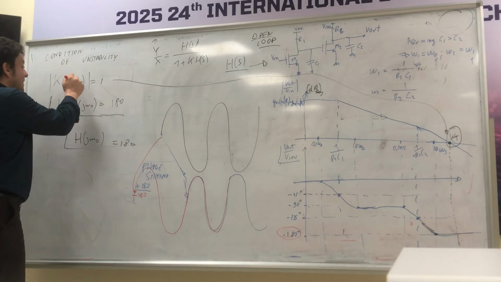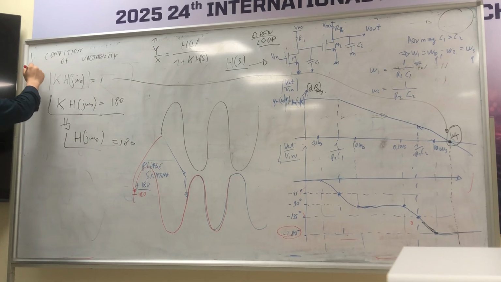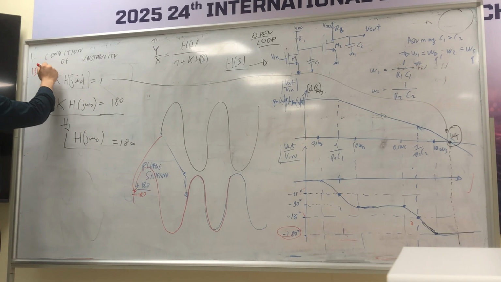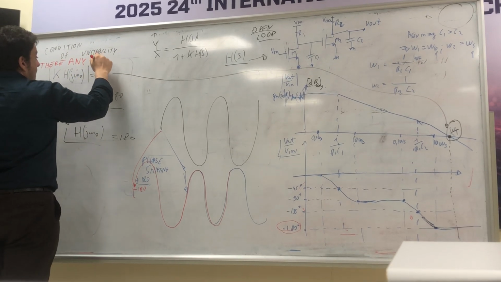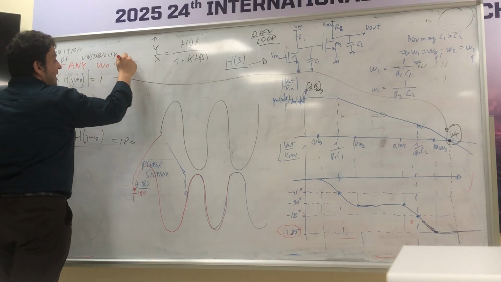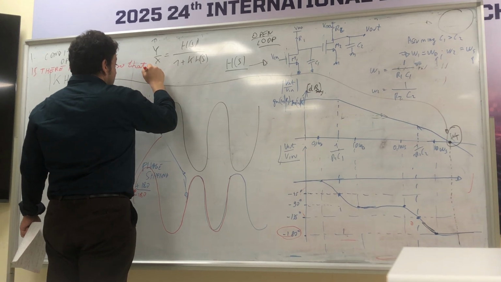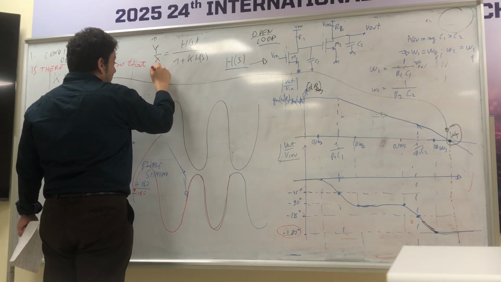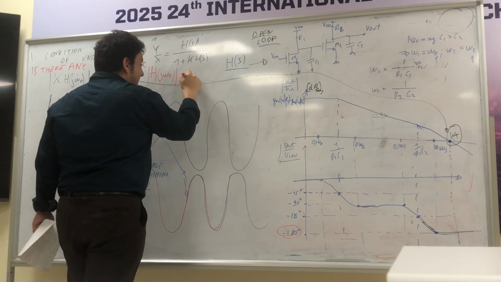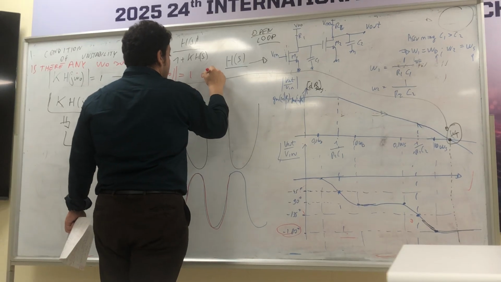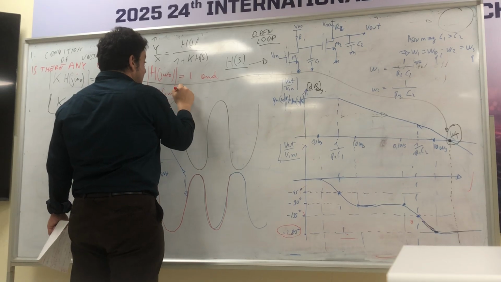So I ask, is there any omega 0 so that H of the frequency, the module of that frequency, is equal to 1 and its phase is equal to 180?